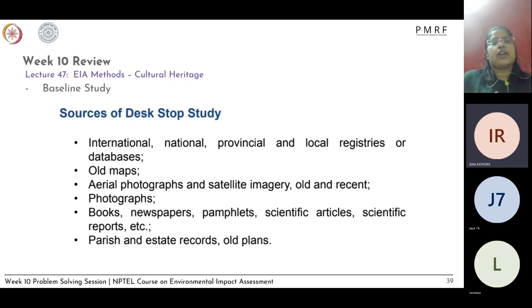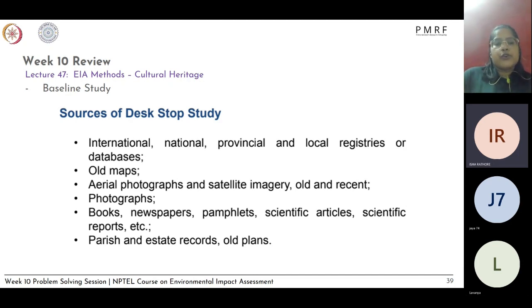You can use aerial photographs, satellite imagery, old and recent. If you have ever used Google Maps, you can change the year to a past year, and you can see the change in the photograph as seen from the satellite data. So that is another source of desktop study.